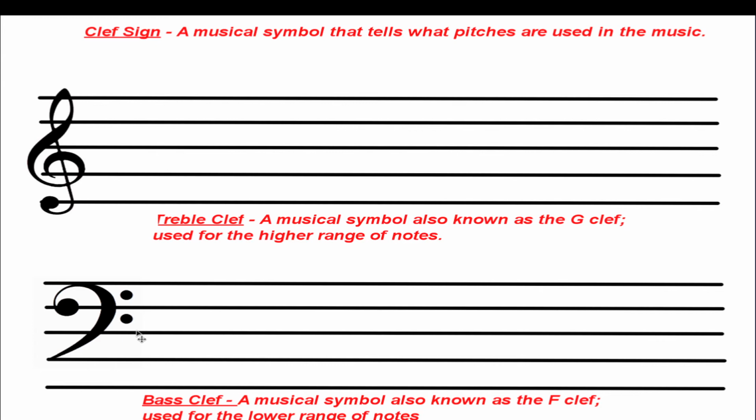And it's called the F clef because these 2 dots here are around this 4th line. And this 4th line is assigned the letter F. And so this is also known as the F clef because of those 2 dots. But these 2 clef signs are the most common used in music. So you have the treble clef and you have the bass clef. And those are the 2 most common clefs used in music.